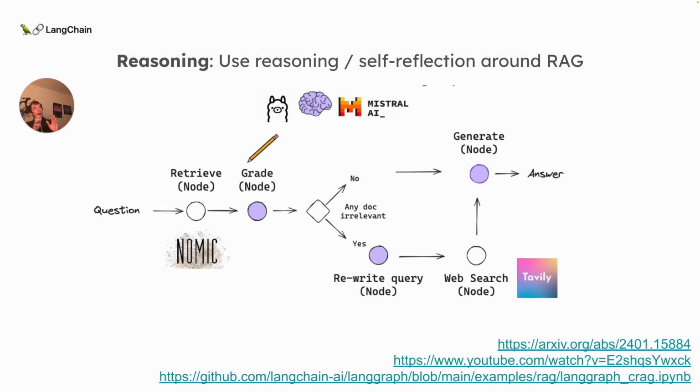So it's a nice fallback in cases where the question is out of the domain of your retriever. Again, a nice trick, overlaying reasoning on top of RAG. I think this trend continues because it makes RAG systems more performant and less brittle to questions that are out of domain.